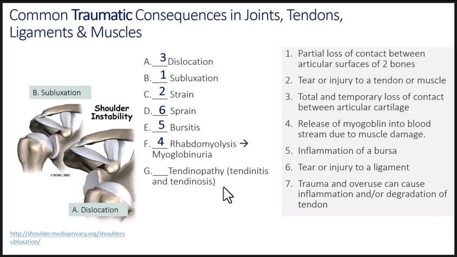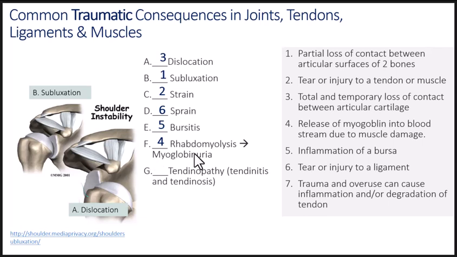So for example, you could have somebody that has a bad fall and they break their arm. And the arm is broken badly enough that the muscles in the area are damaged severely. And this damage can release the myoglobin from the muscle into the blood, and then it ends up in the urine.